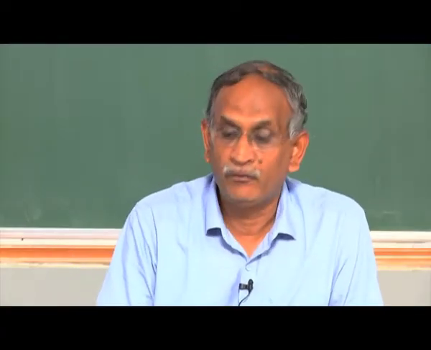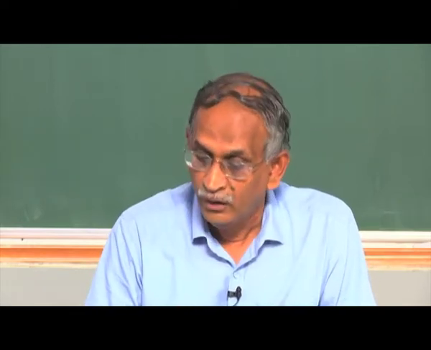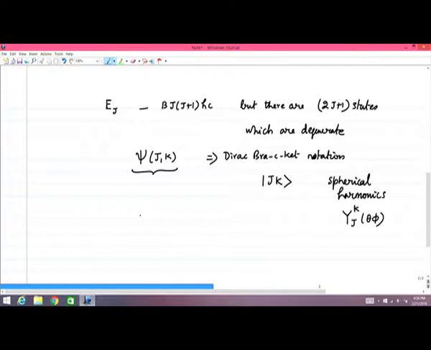Therefore, the molecular wave functions for the rotational states are 2j plus 1 fold degenerate, because all the states starting from k equal to j, j minus 1, j minus 2, and all the way down to j minus j all have the same energy.